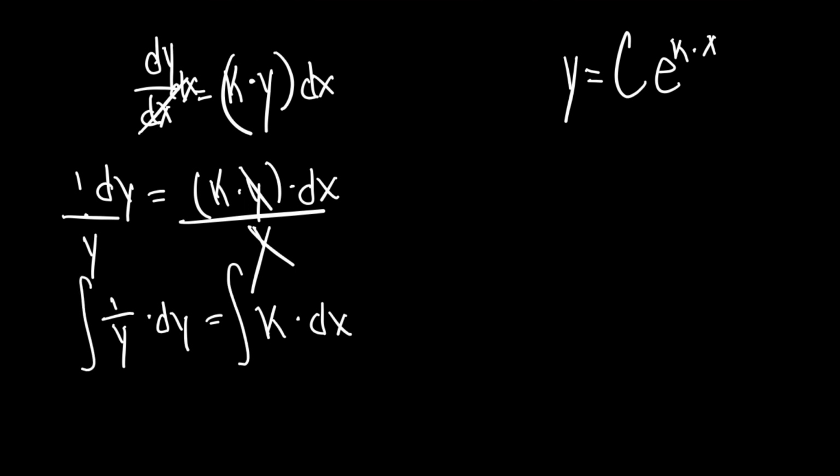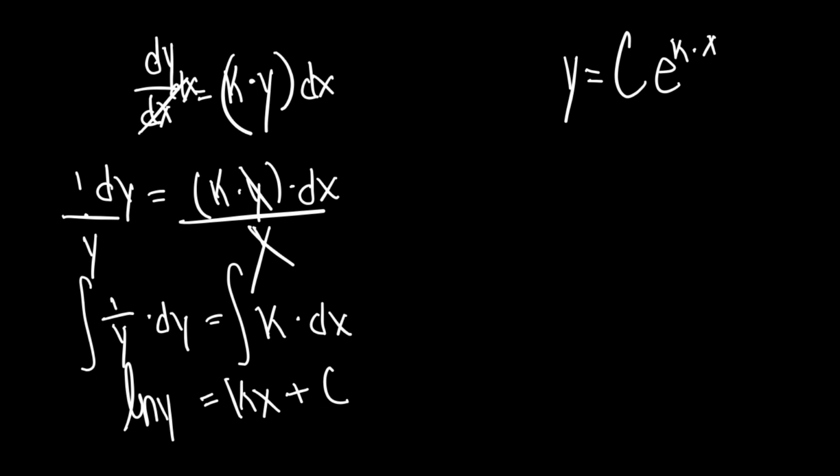The antiderivative of 1 over y is the natural log of y, which is equal to k times x plus your constant. Keep in mind that you only want to add your constant to one side. You can add it to the left or the right side. I prefer the right side because that's how it's commonly written in textbooks and how you'll probably be taught in class.